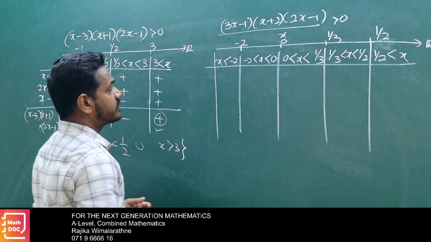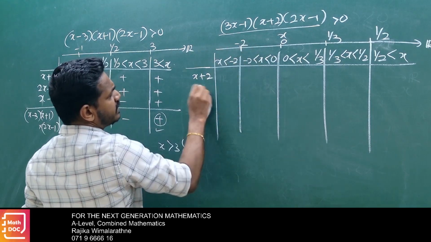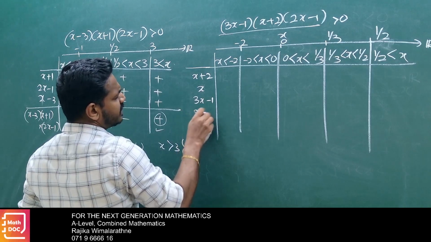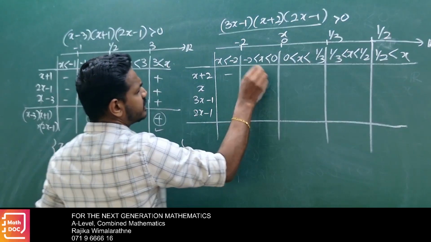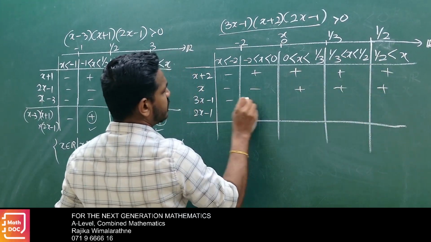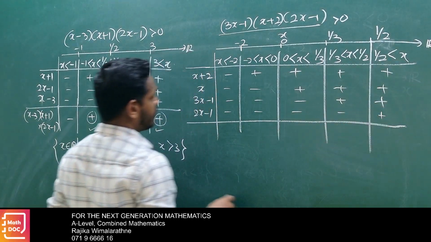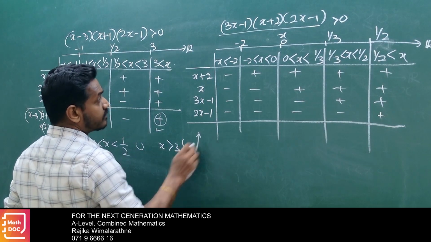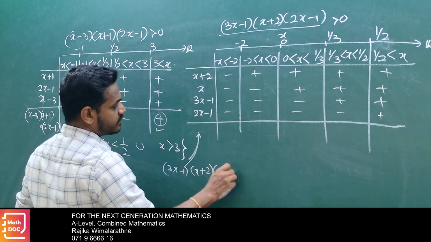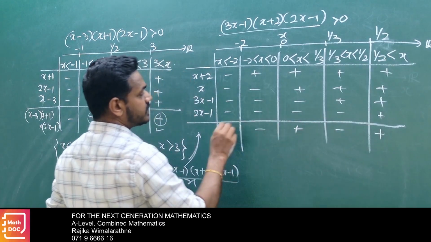So we have the factor product now. Before that, minus 2 corresponds to factor x plus 2, then x, then 3x minus 1, then 2x minus 1. Minus plus plus plus plus, minus minus plus plus plus, minus minus minus plus plus, minus minus minus minus plus. Then here (3x minus 1)(x plus 2)(2x minus 1) over x: plus minus plus minus plus.